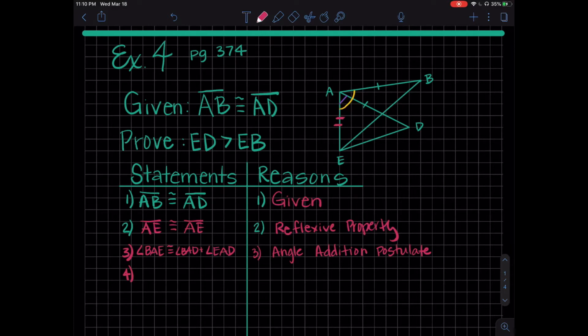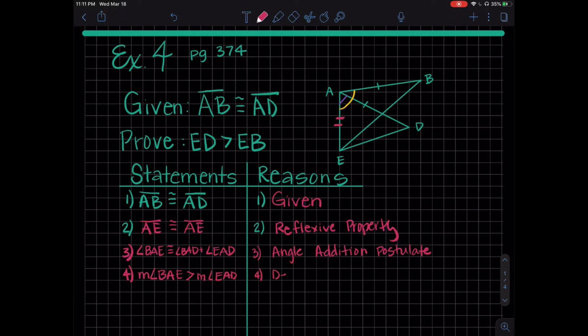Now that we have said that angle BAE is congruent to these other ones, we could say that the measure of angle BAE is greater than the measure of angle EAD.